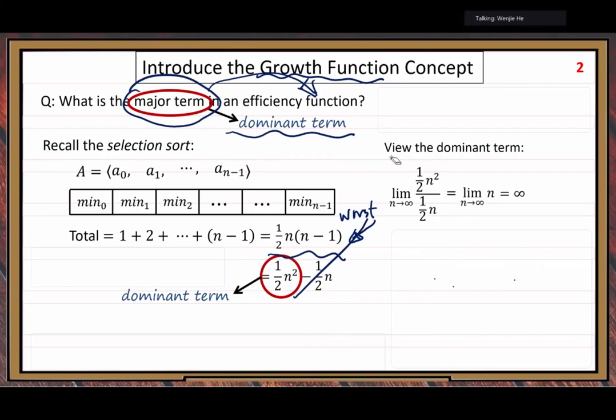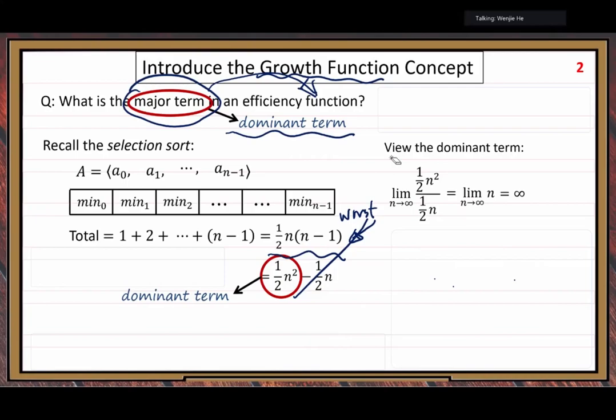Because comparing numerator and denominator, the denominator is only a tiny portion of the numerator, right? Very tiny. So after you see the limit, you feel very comfortable to ignore the denominator part, right? So that's the meaning of the dominance.